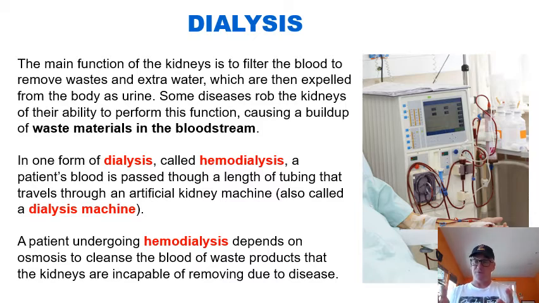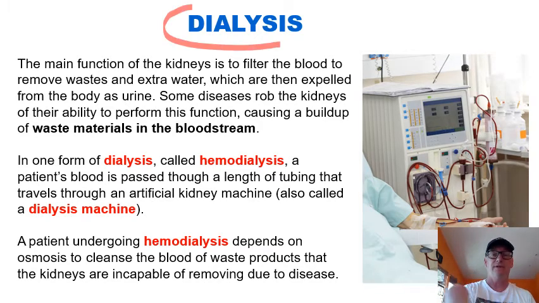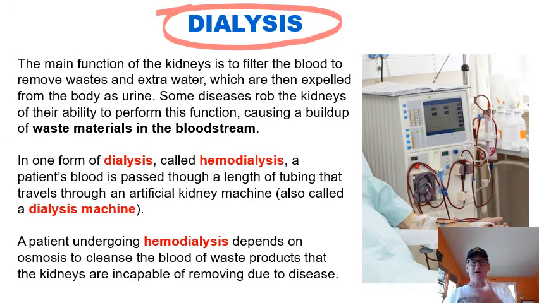Now, where this becomes really important is in dialysis, because this is what your kidneys do all the time. Your blood will have high concentrations of sugar, well, hopefully not sugar, but salts, wastes, whatever is in your blood that your body needs to get rid of.